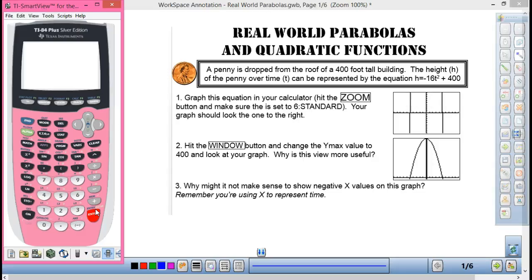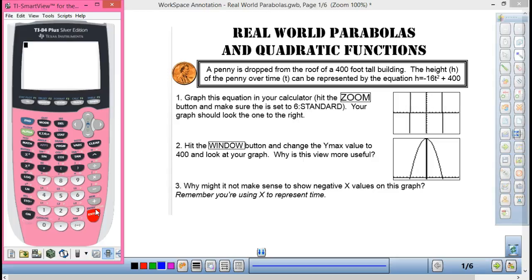of the building. Okay, the height of the penny over time can be represented by the equation negative 16t squared plus 400. All right, so to graph this, what do we have to take? We're not going to use the stat button like we did yesterday.